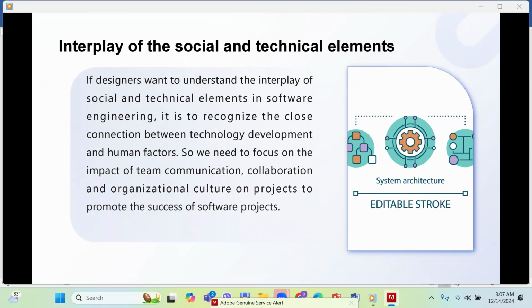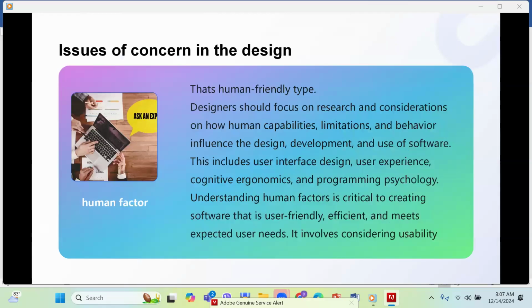So we need to focus on the impact of team communication, collaboration, and organizational culture on projects to promote the success of software projects. Issues of concern in the design: that's human factors. Designers should focus on research and considerations on how human capabilities, limitations, and behavior influence the design, development, and use of software.